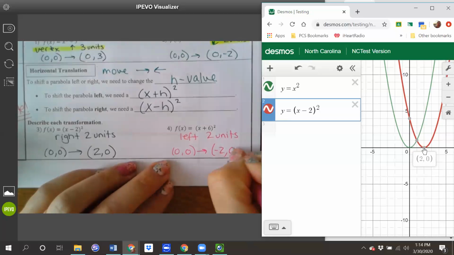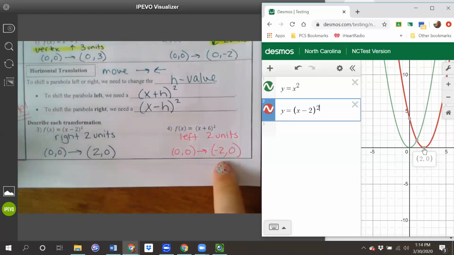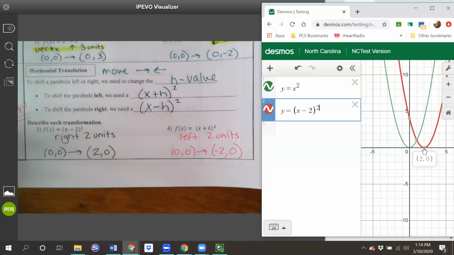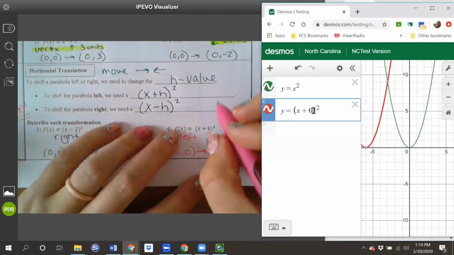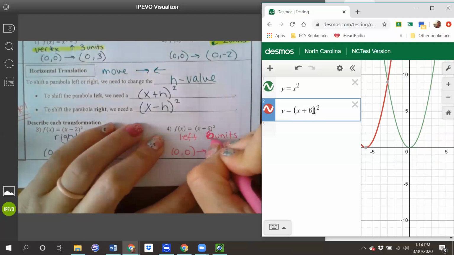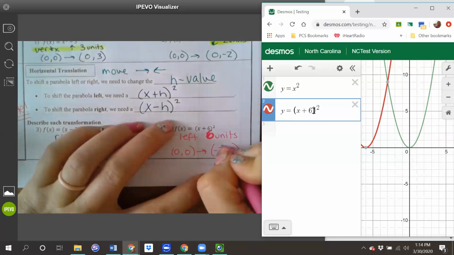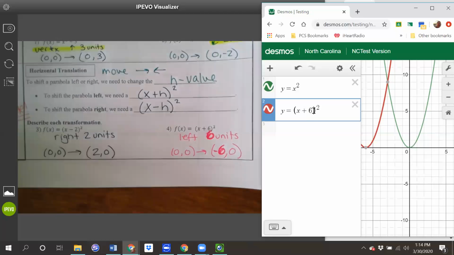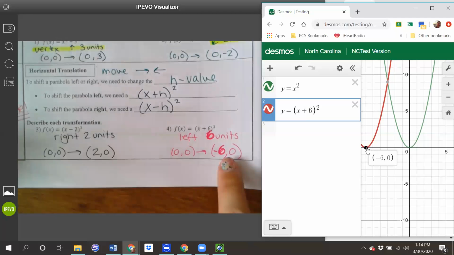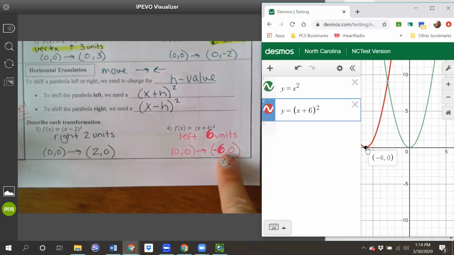So watch, I can check myself in Desmos. I'm just going to flip this to plus 6. I don't know why I wrote 2. I was still thinking of the last one. I'm sorry. That is left 6 units. I apologize, which means that that's going to be a negative 6. So if I look at this vertex here, I am correct by saying that it was supposed to be at negative 6, comma 0.